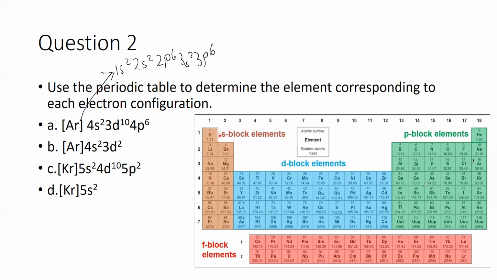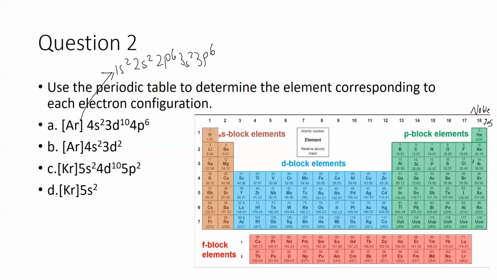So for any element, to shorthand it, you just find the noble gas that comes before it. Remember, these are noble gases. Write that noble gas in brackets, and then write the rest of the electron configuration. So here I'm trying to figure out the element that's argon 4s2, 3d10, 4p6. So I go to argon.